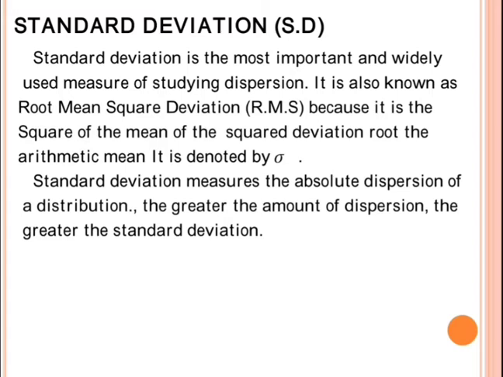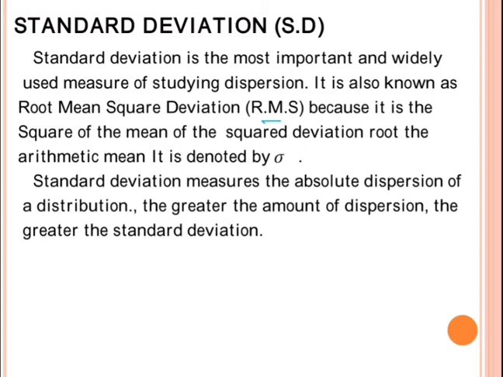Standard deviation is the most important and widely used measure of studying the dispersion. It is also known as root mean square deviation. In short, we name it as RMS because it is the square root of the arithmetic mean of the squared deviations.